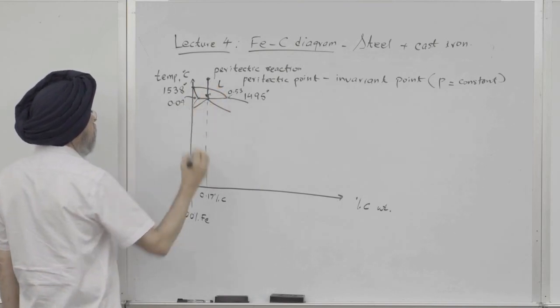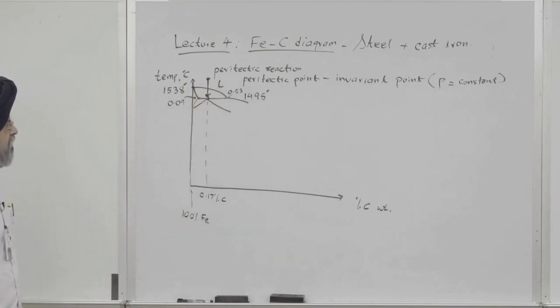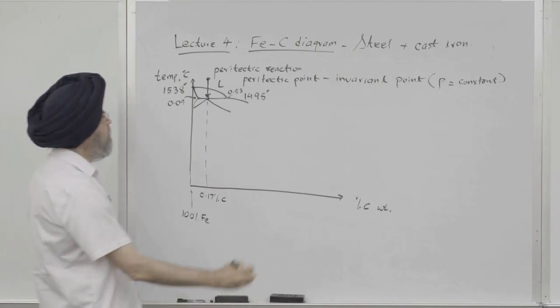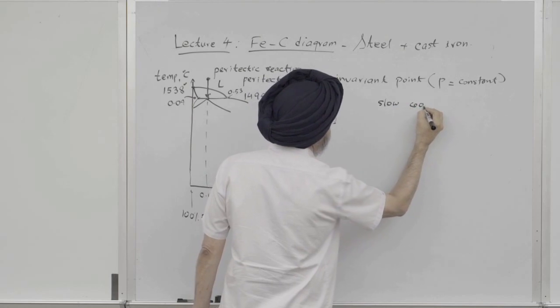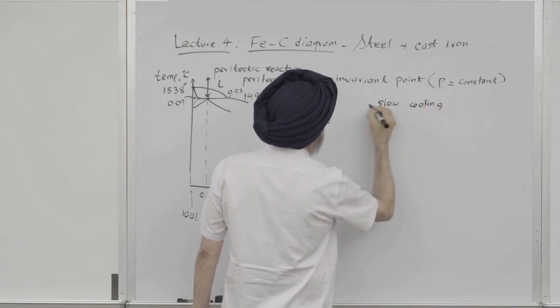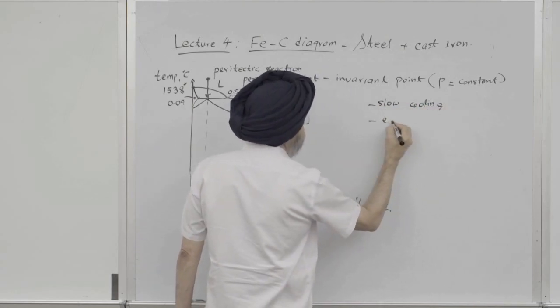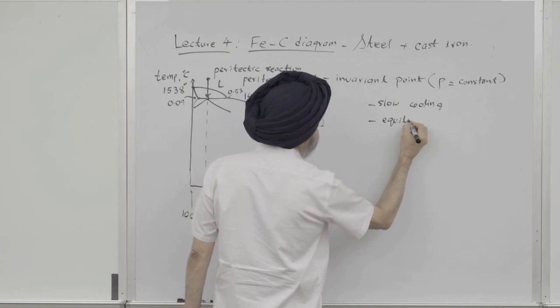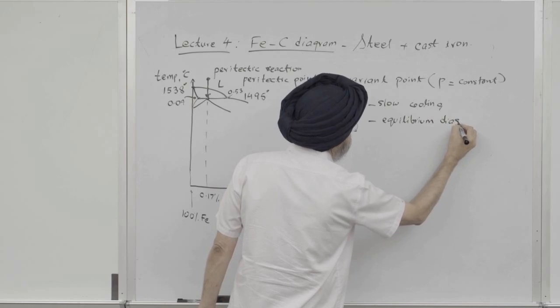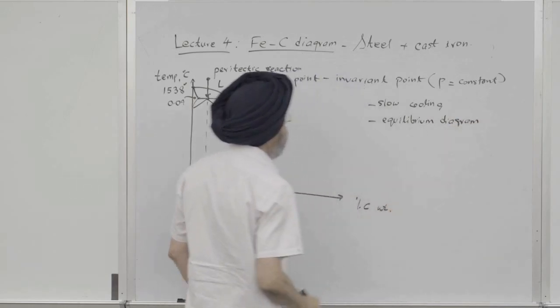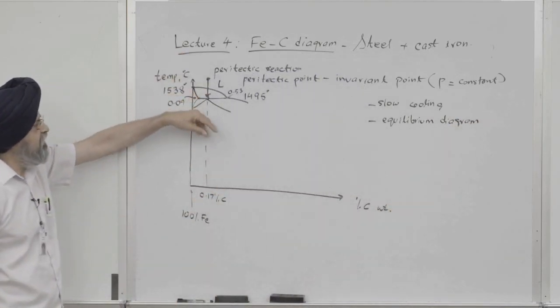So slowly we're cooling it. I emphasize the word slowly, very, very slow cooling, because this is an equilibrium diagram. Things get really complicated if you were to cool this fast.